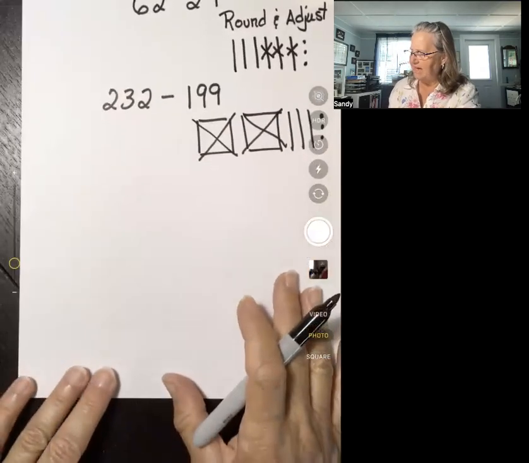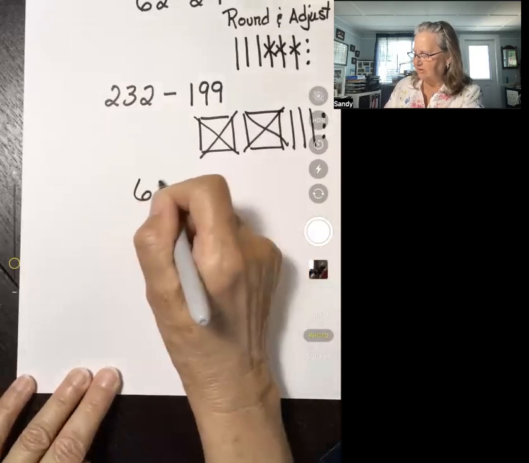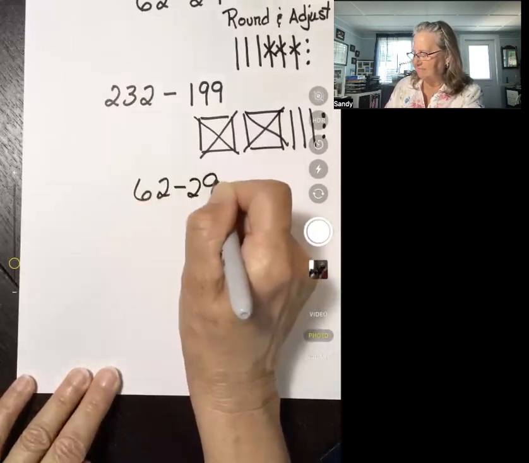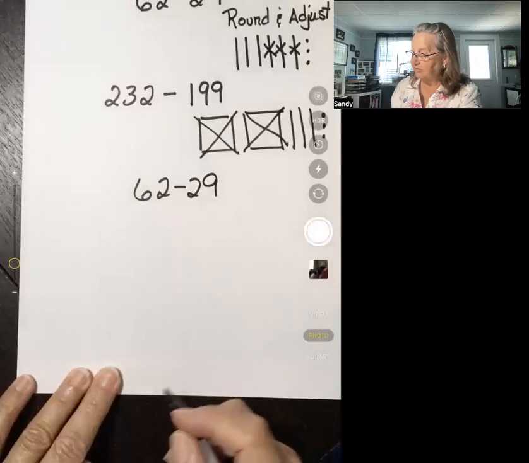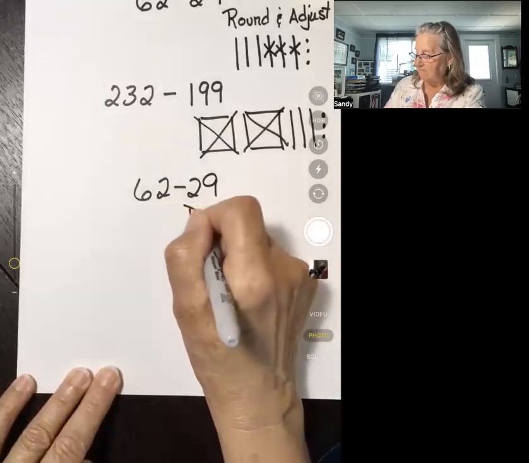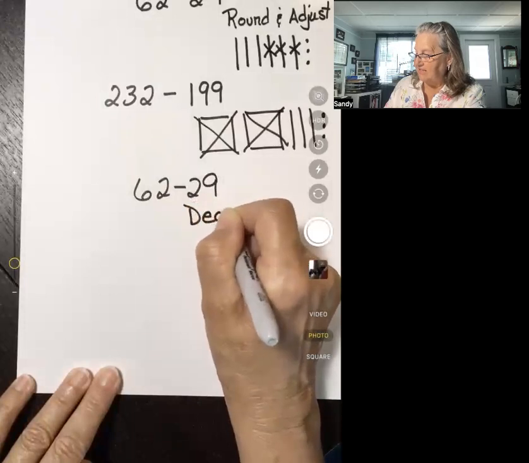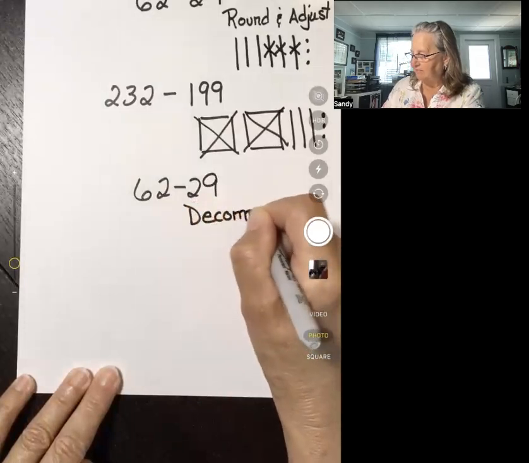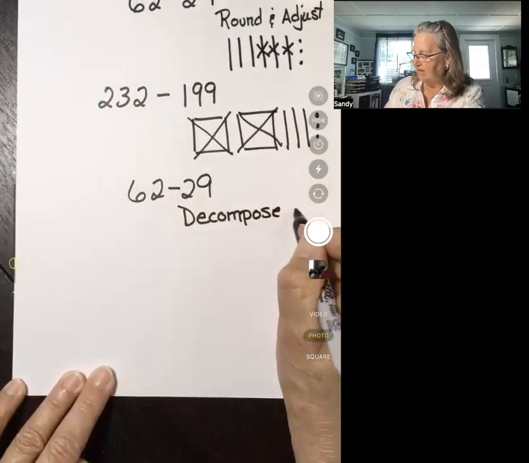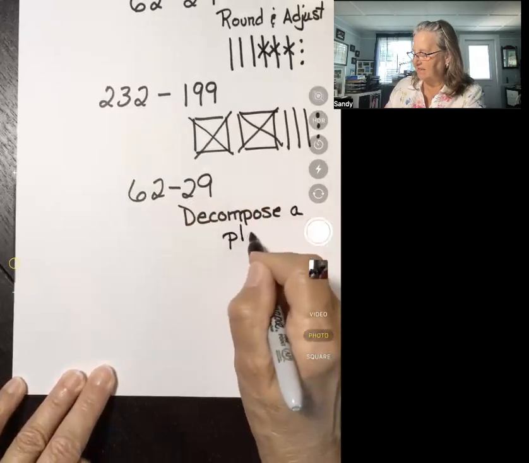Now, let's go back to 62 minus 29. The other strategy we talked about is decompose, and I'm going to say decompose a place.